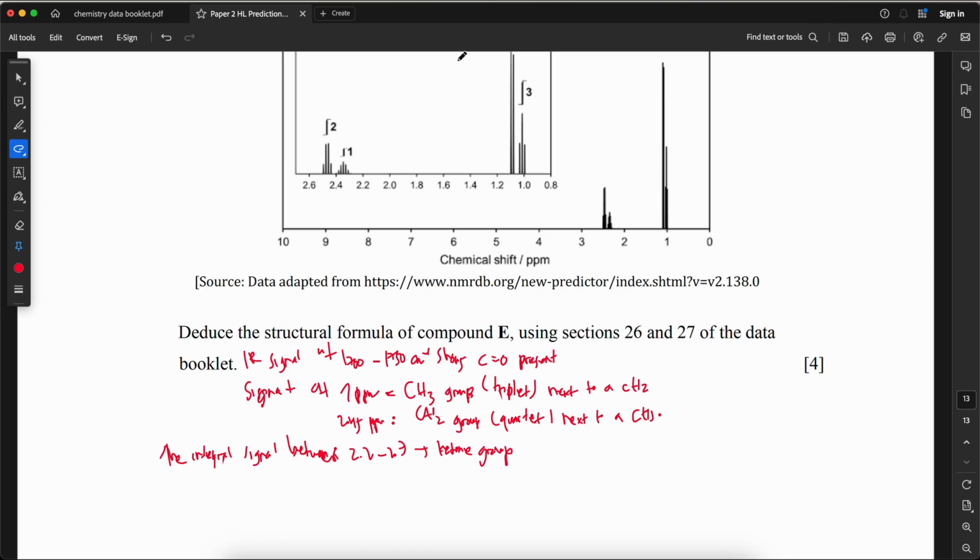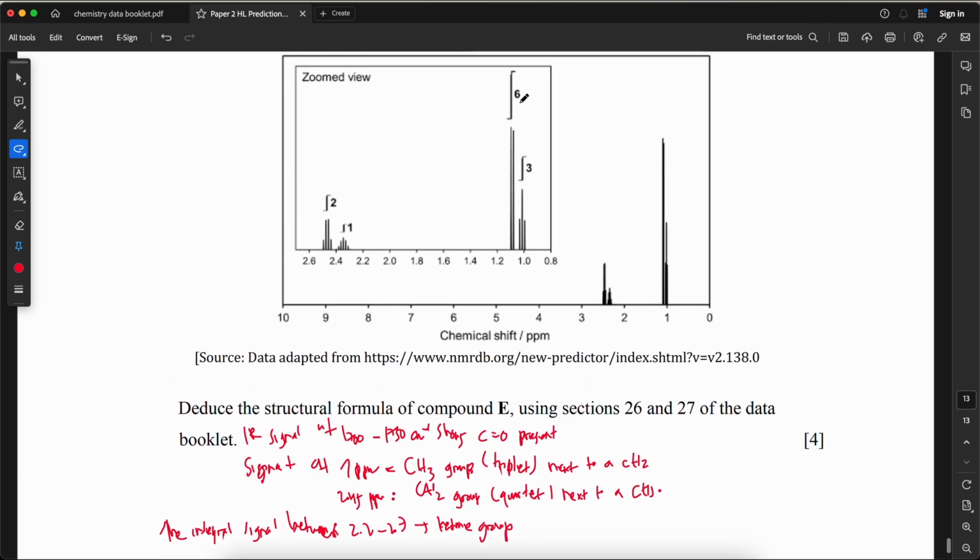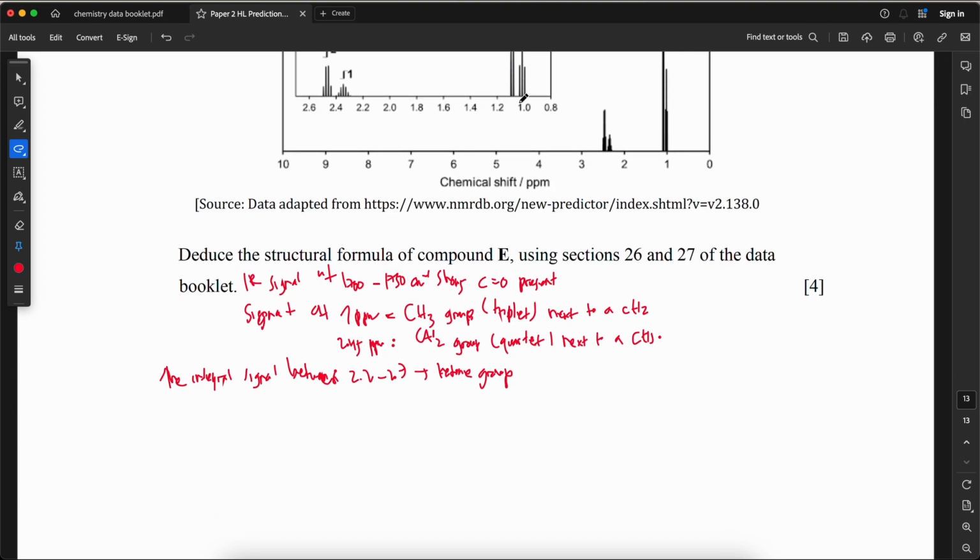Since there are 6 hydrogen atoms here, one of them is C=O, and there are CH2 and CH3 as well.